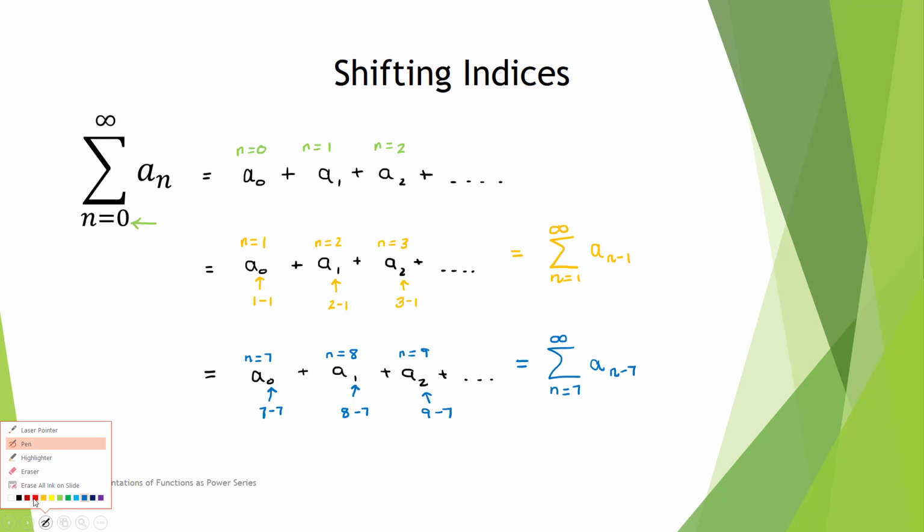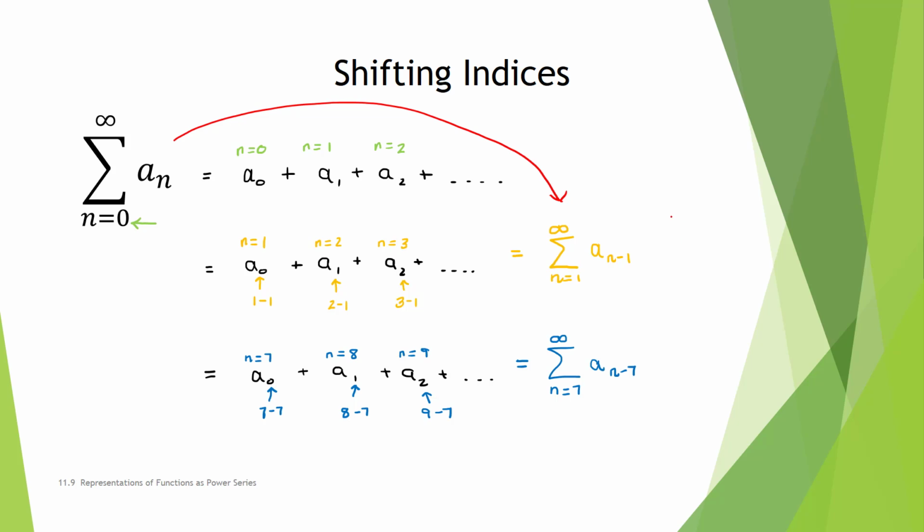Now, what general rule can we figure out? To go from the original series to the one where we started with n equals 1, we changed two things. We changed the number that the index starts with, and we changed the subscript on the a. Specifically, we added 1 to the number that shows up below the sigma, and we subtracted 1 in the place where we saw an n in our term.